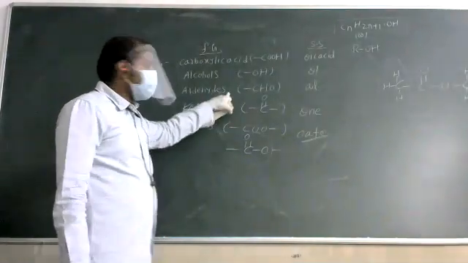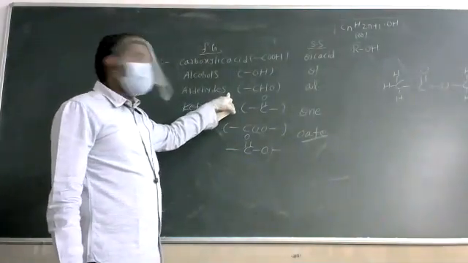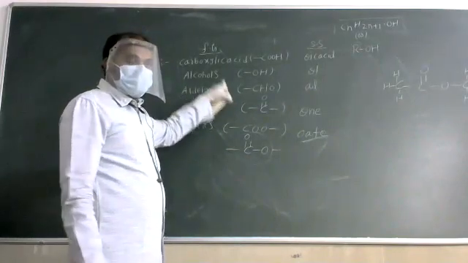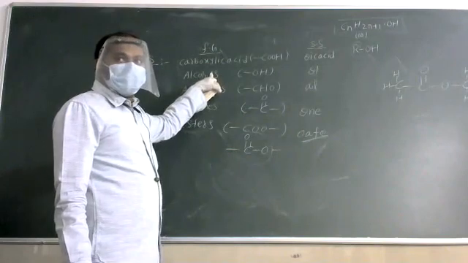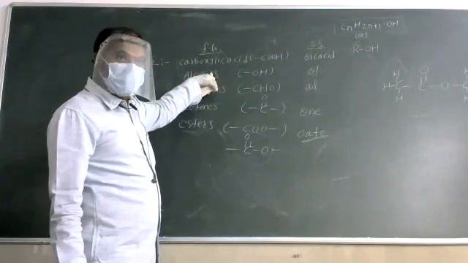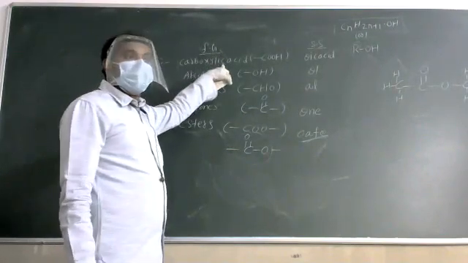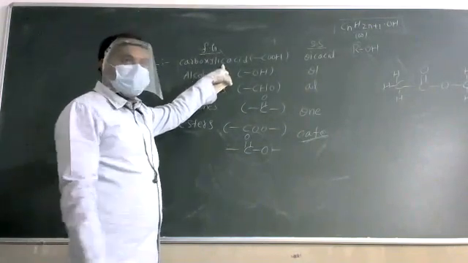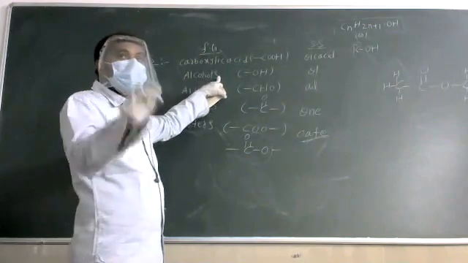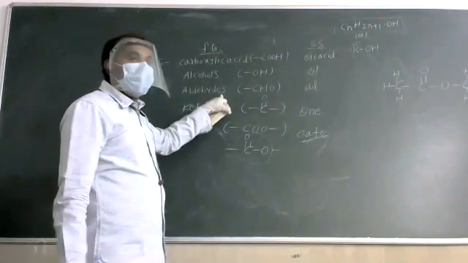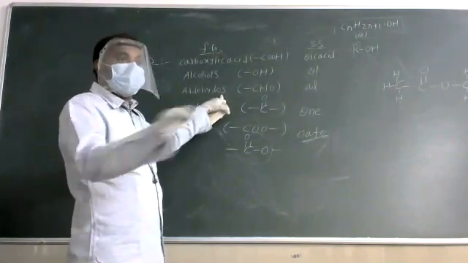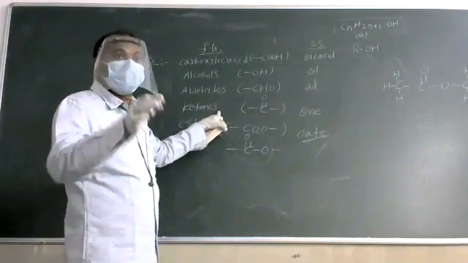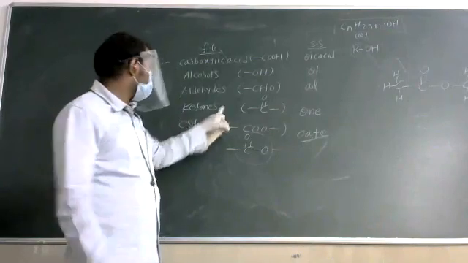Now, the esters' IUPAC name. Aldehyde IUPAC names are similar to alkanal. Alcohol IUPAC names are similar to alkanol. Carboxylic acid, alkanoic acid: methanoic acid, ethanoic acid, propanoic acid. Alkanol: methanol, ethanol, propanol, butanol. Ketones, alkanone: propanone, butanone, pentanone, hexanone.